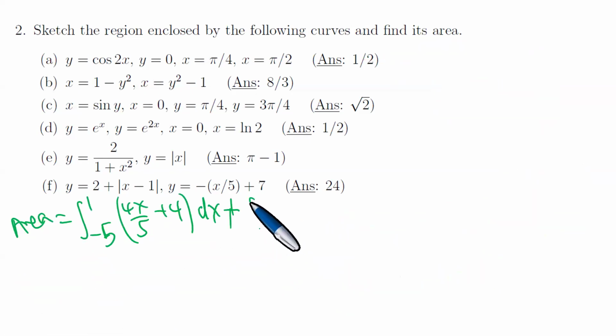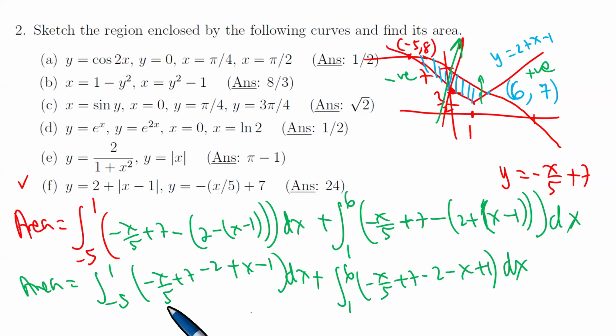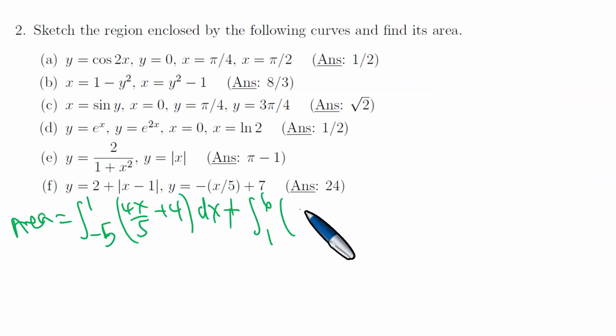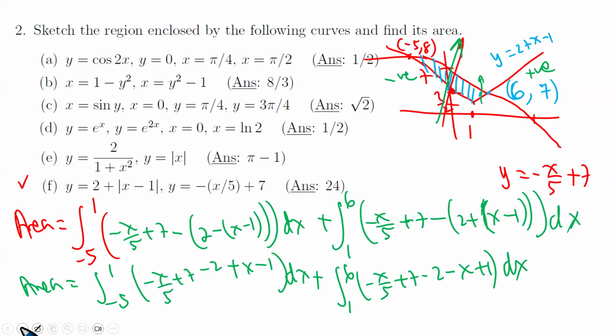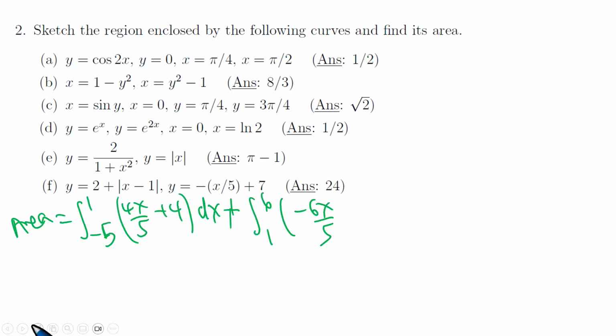Then from 1 to 6, this one is minus x over 5 minus x, which is minus 6x over 5. And then you have 7 minus 2 plus 1. Minus 2 plus 1 is a minus 1, and then 7 minus 1 is a 6, like that.